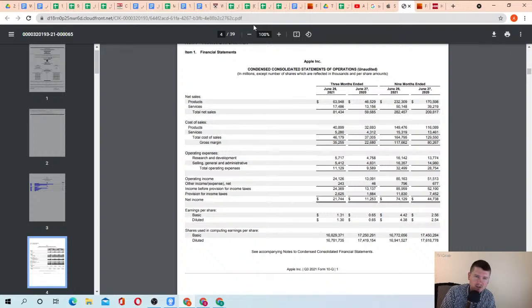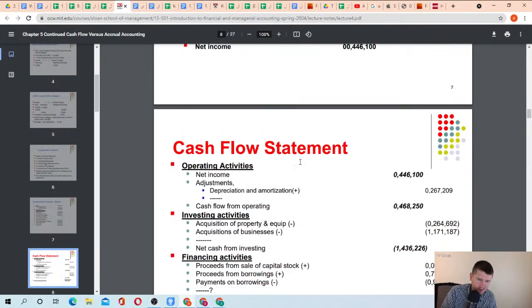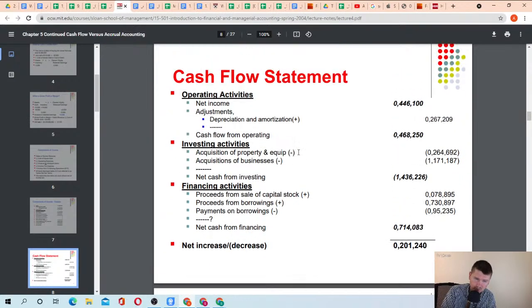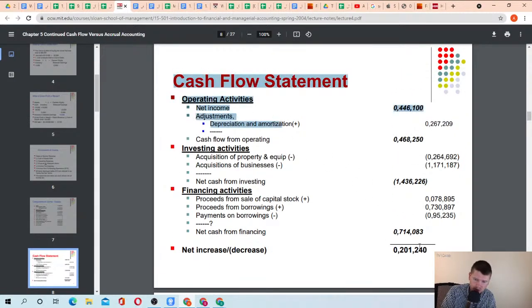Let's see what else do we have here. There is a cash flow presentation statement. It's a bit confusing with these zeros. So the essence of cash flow statements, and mainly indirect cash flow statements, is that you start with net income. Then you make adjustments to figure out your operating cash flow.